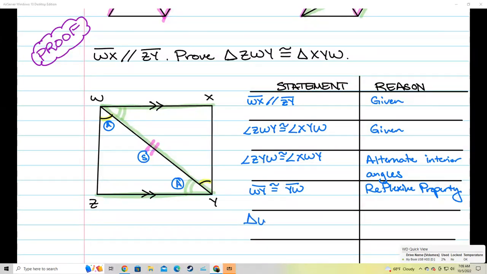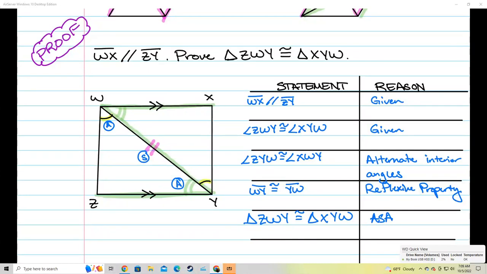Triangle ZWY is congruent to triangle XYW. And the reason I know that is because of angle side angle. And that finishes out that proof, okay?